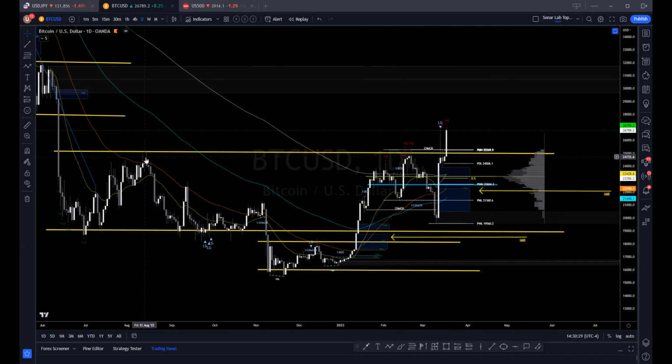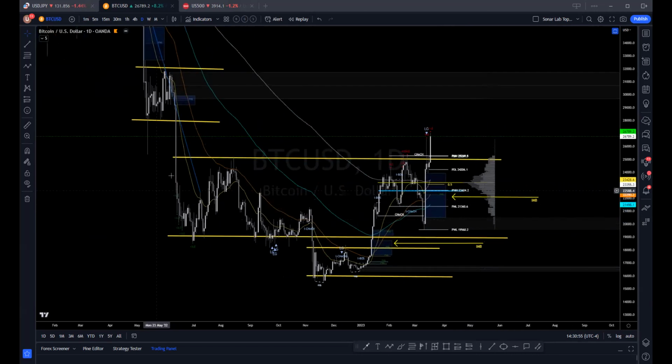August last year was the last time we saw $25,000 per Bitcoin, until just last month, February. And just like this move right here, look at this move. It's become more of a snapback, right? We now are at 26, 27.